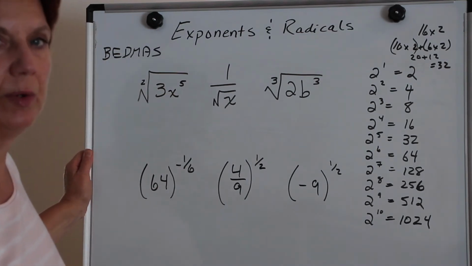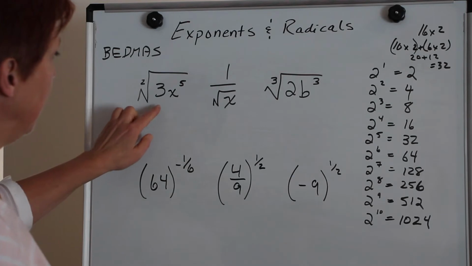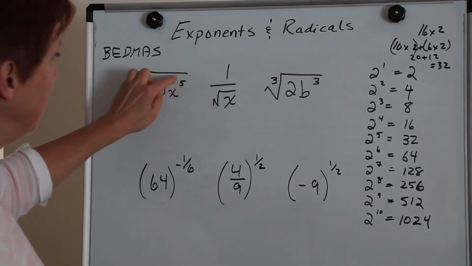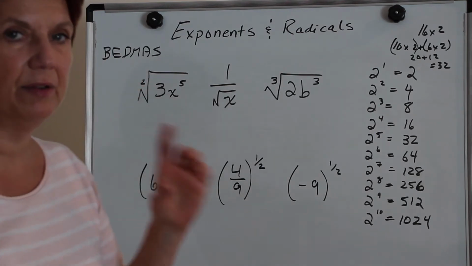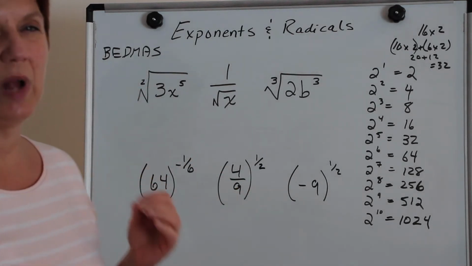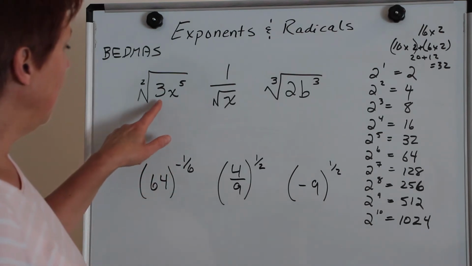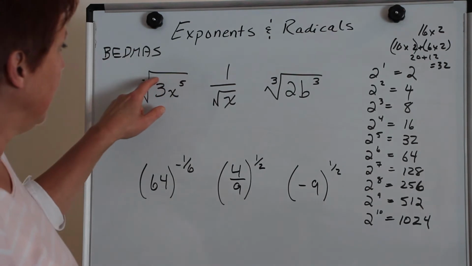It means square root, okay? And then we have to decide what's under here. This is called the radicand. The stuff that's under the square root sign or the cube root sign, whatever the case may be, is called the radicand. And what we want to decide is, what is this radicand raised by?